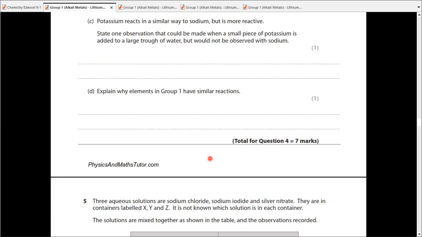Forms lilac flame. Lilac flame, right. Actually, to begin with, you need to write that it catches fire. The piece of potassium catches fire, and that fire is actually the lilac flame.